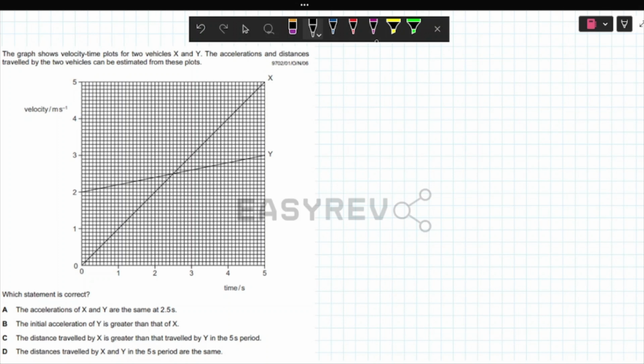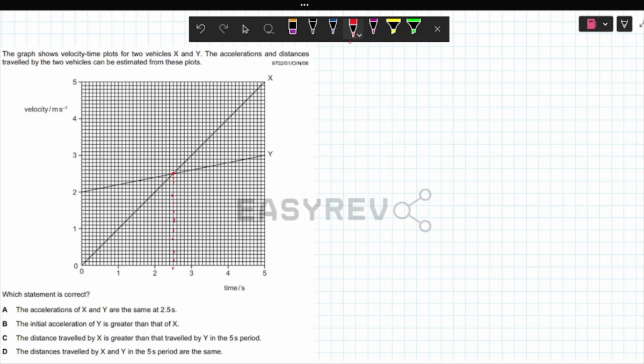Now let's look at each option carefully one by one. The first option says the accelerations of x and y are the same at 2.5 seconds. Apparently the 2.5 second mark is the point where the two graph lines intersect. But even if these two graph lines are sharing a point right here, they obviously have entirely different slopes.